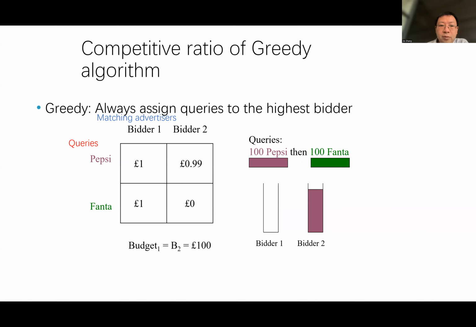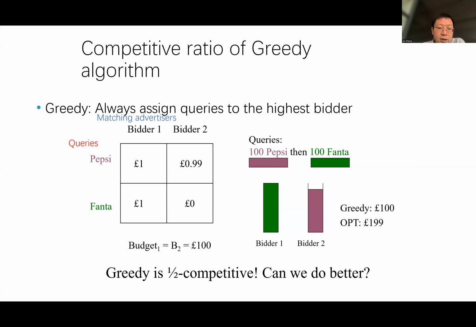And then when 100 Fanta queries come, as bidder one is still on the market, the search engine can display bidder one's advertisement and collect £100 revenue. So in total, the optimal revenue for the search engine is 199. Obviously, this is given the case that the search engine knows that there will be 100 Pepsi queries followed by 100 Fanta queries. So this is the offline optimal revenue.